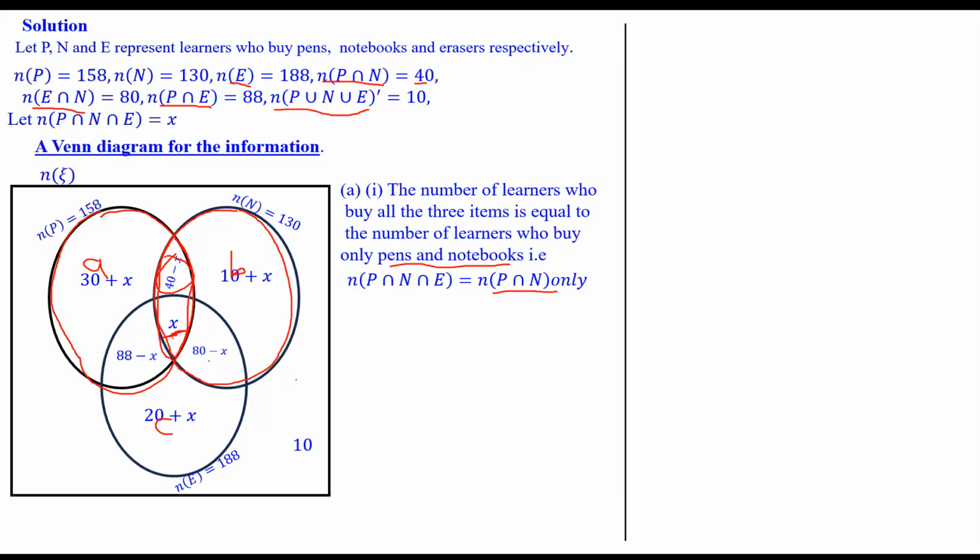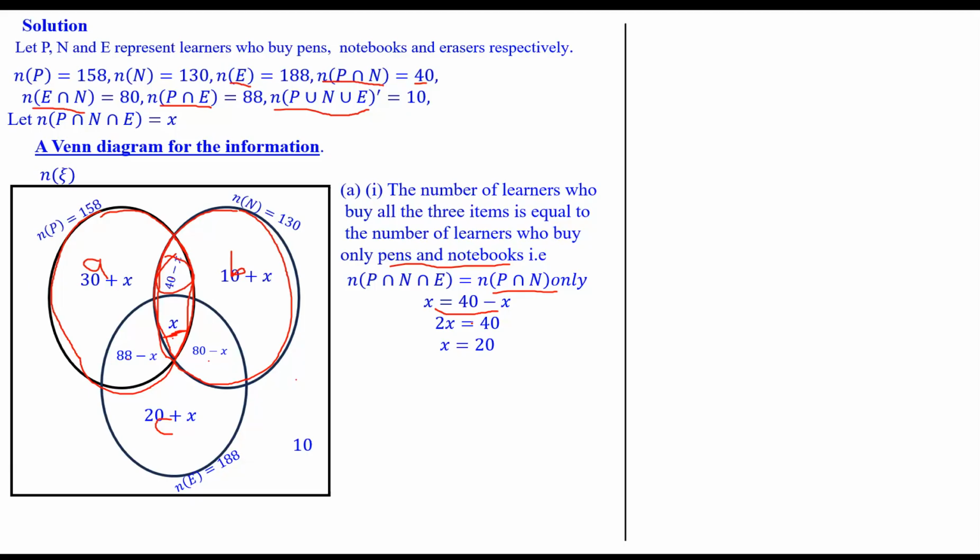So we substitute those. x will be equal to 40 minus x. To solve for x, you bring this x to the left hand side and it will be added, because to the right it is negative. When it crosses to the left, it will be added, and we shall get 2x is equal to 40. When you solve for x, you divide by 2 both sides and get x as 20.